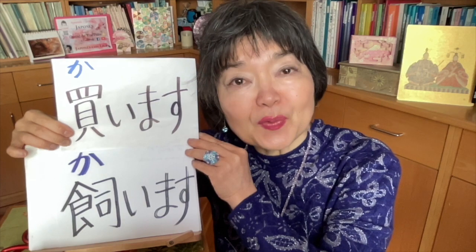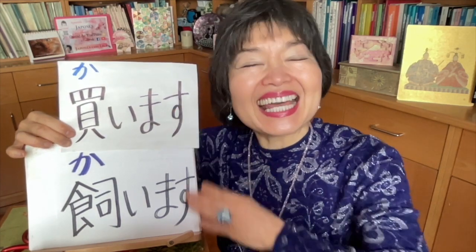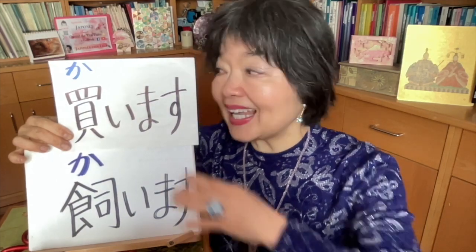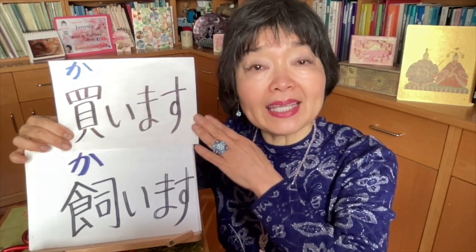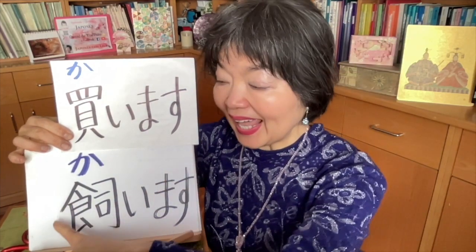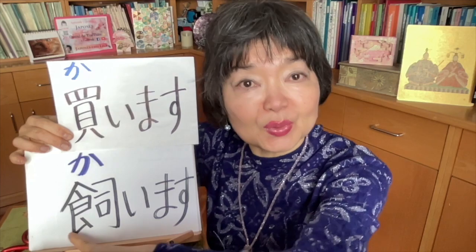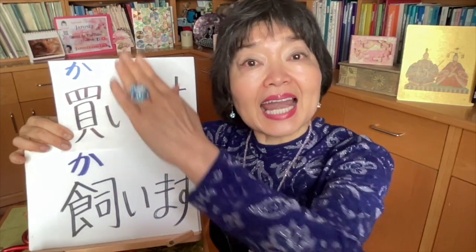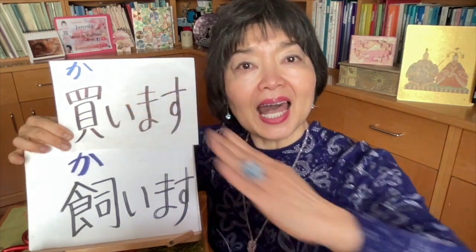In masu form, the intonation is exactly the same. Kaimasu, kaimasu. In the dictionary form, the intonation changes. To buy, kau, kau. And to have some animals, kau, kau.